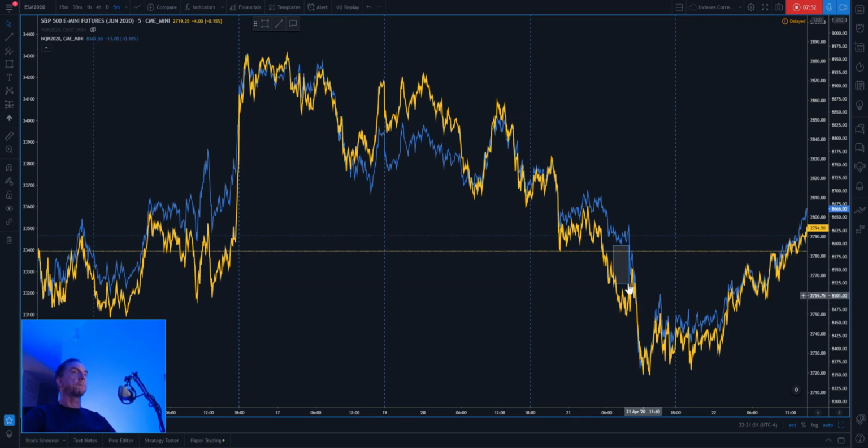Now here's the thing. Right here, because the notional values would be the same, one-to-one contract, you're selling one NASDAQ, you're buying one ES, because correlation broke down. So unless they don't come back together, you would make a profit, because you would be making a profit on the NASDAQ.